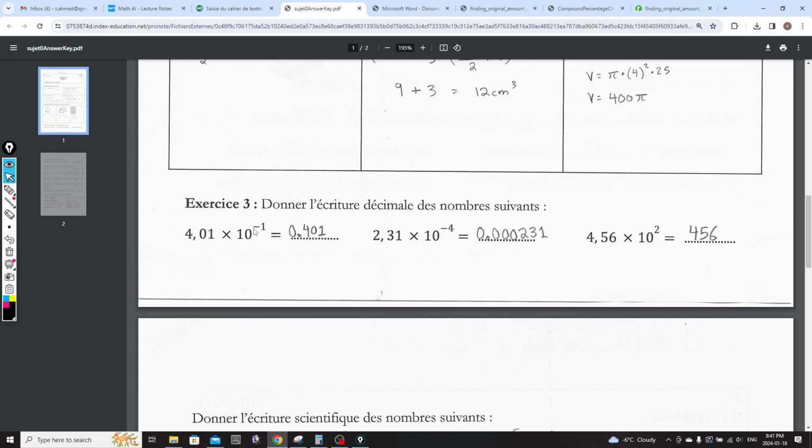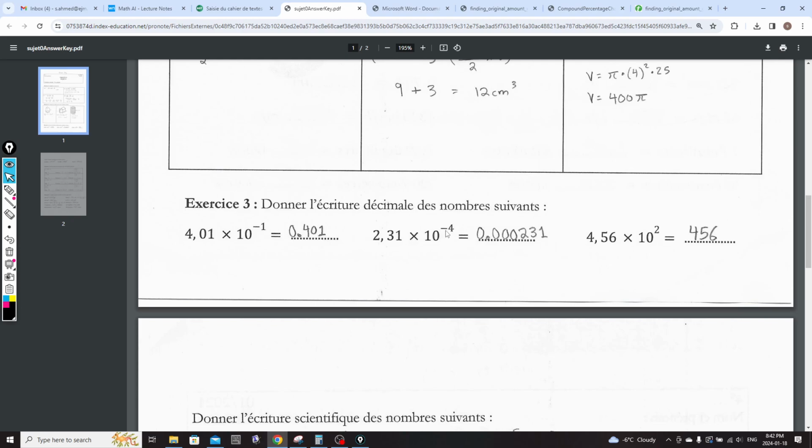First of all, when this is negative, your decimal is moving to the left. When this is positive, your decimal is moving to the right. Now here I'm going to be moving to the left by one spot. So my decimal is moving to the left by one spot. So it's going to move right in front of the 4. And so I get 0.401.